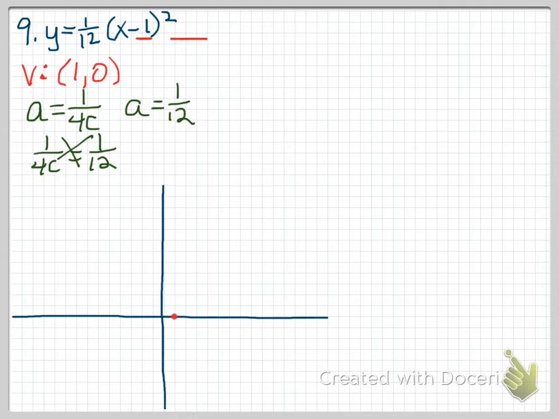So we end up with 12 is equal to 4c. I'm going to divide by 4. And I get c is equal to 3. So now I know my c. And that's going to help me find my focus and my directrix.